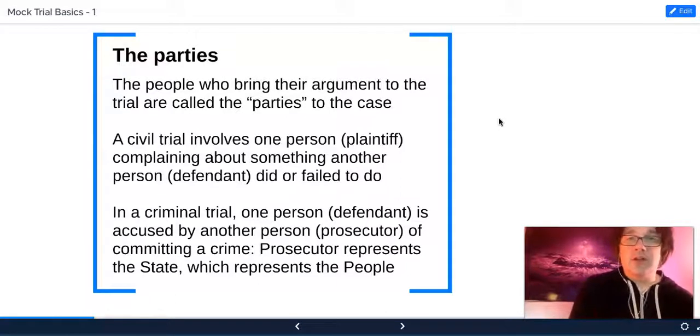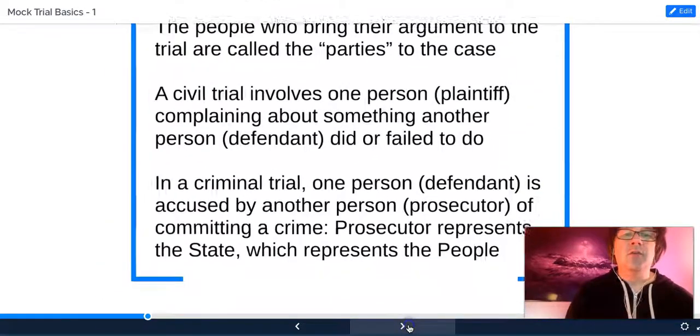In a criminal trial, one person, the defendant, is accused by another person, the prosecutor, who is actually representing us, the people, or the state, of committing a crime. So, as I said, the prosecutor represents the state, which represents the people.